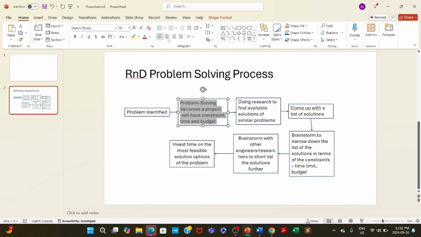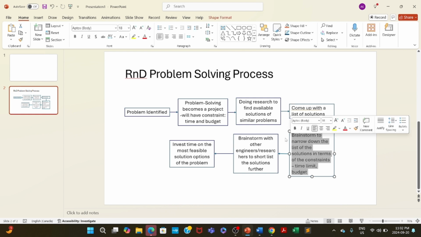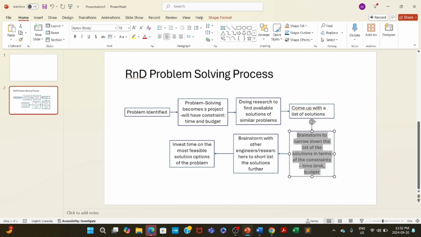So now, if we just see this process, getting involved in an R&D project is not fun all the time because it gets quite difficult, and not everyone is capable to accomplish a project like an innovative project.